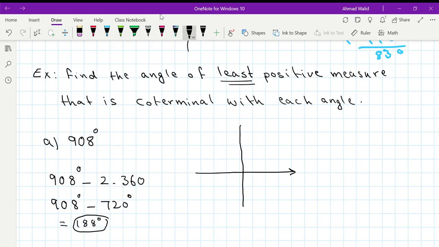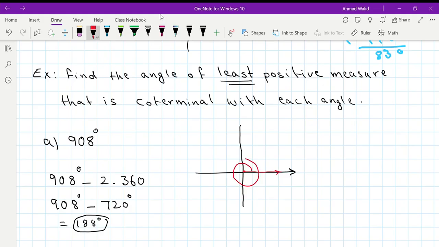If you say no, let me show you in the picture. Let's first draw 908. Positive side on the positive side of the x-axis. How can I get 908? Almost 1 round, 2 rounds. If I do 1 round, it gives me 360.